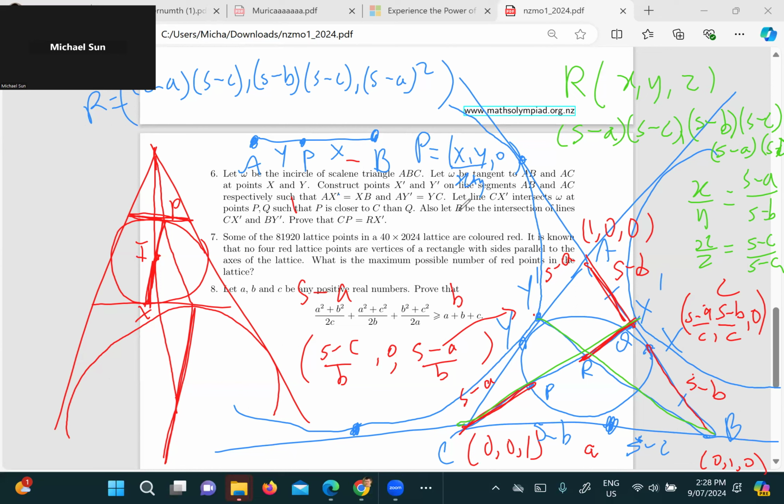If X is 1 and Y is 2, it's closer to B, so B should be bigger. There should be more weight on B. If it's twice as close to B, there should be twice as much weight at B. Yeah, I think that's right. That's the coordinates.